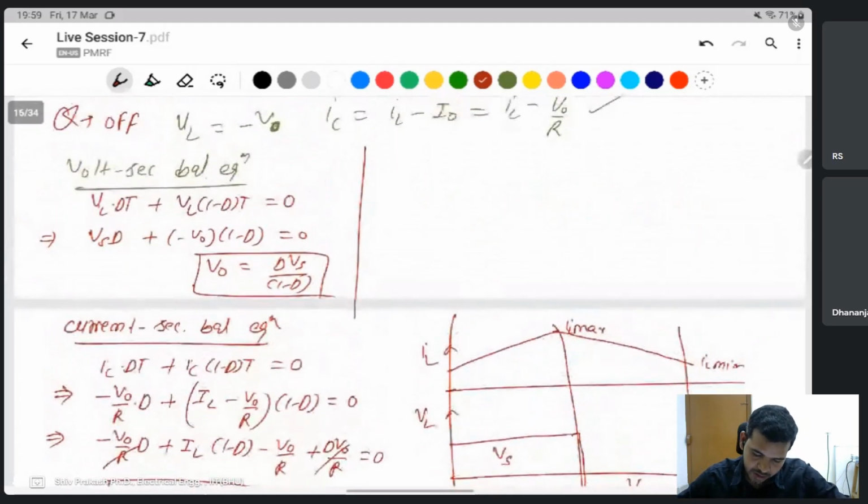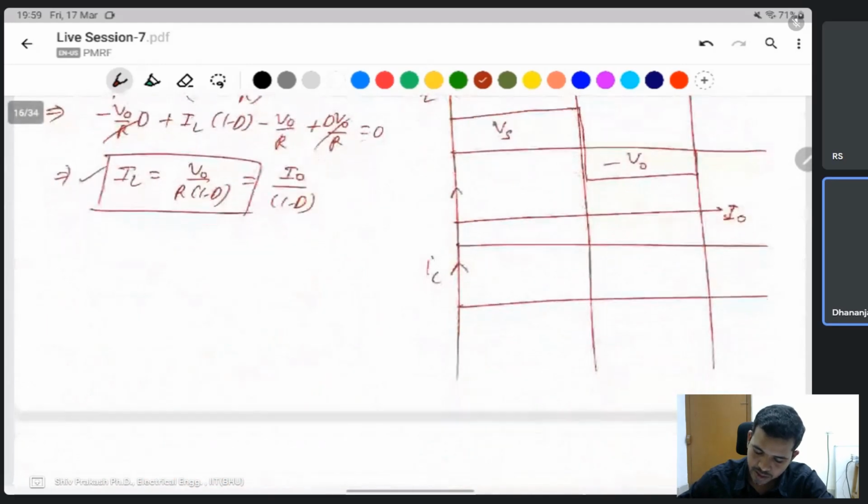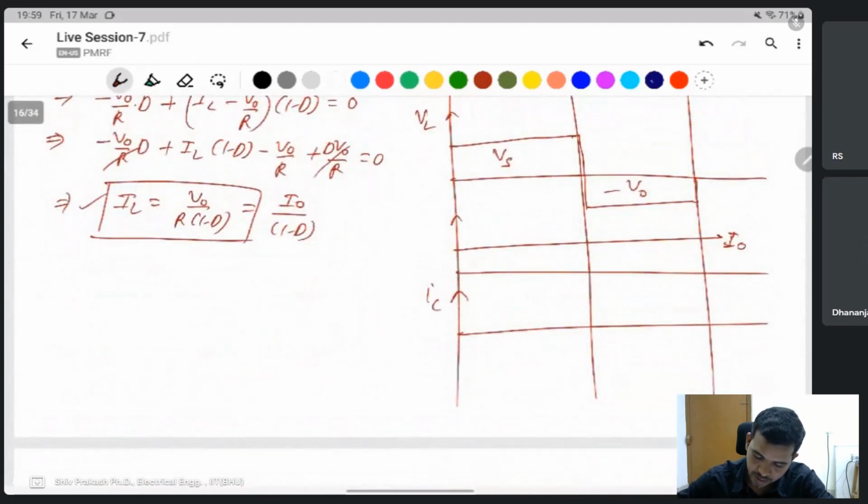The capacitor current is first, when the switch is on, V naught by R, it was minus I naught, and then the switch is off, at that time IL minus V naught by R, same as the boost converter. This one is minus I naught, this one is IL minus I naught.